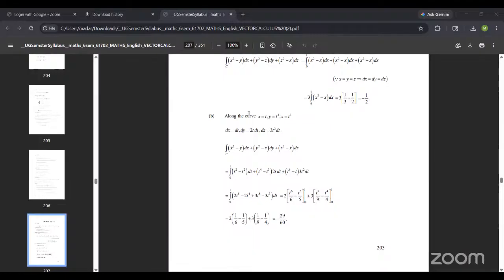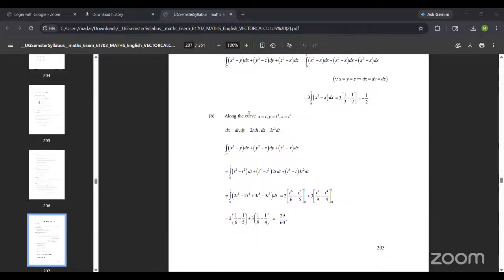So y square becomes t power of 4 and z equal to t cube, dy equal to 2t dt, and z square is t power of 6, minus t into dz equal to 3t square into dt.